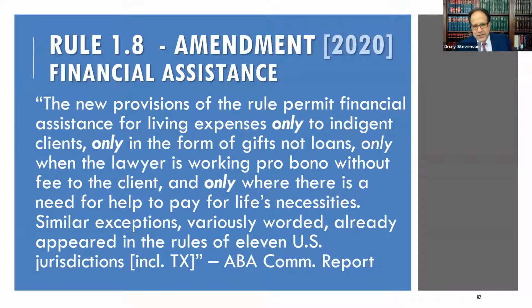The new provisions of the rule permit financial assistance for living expenses only to indigent clients, only in the form of gifts, not loans, only when the lawyer is working pro bono without a fee to the client, and only where there's a need to help pay for life's necessities. In other words, you don't just automatically do this for every unemployed client or something like that.